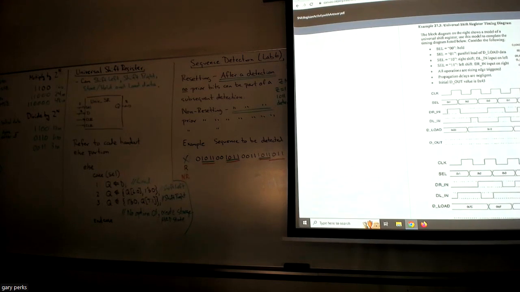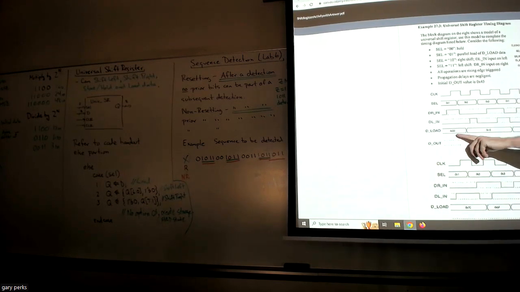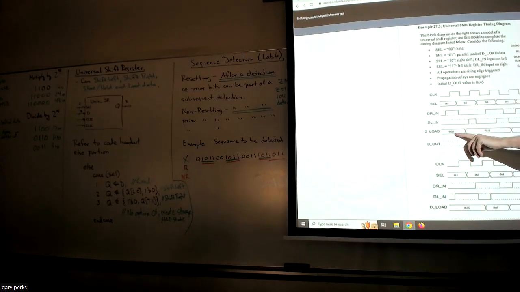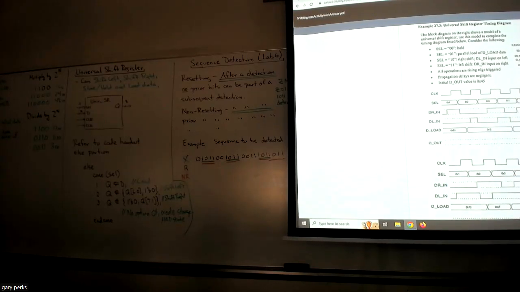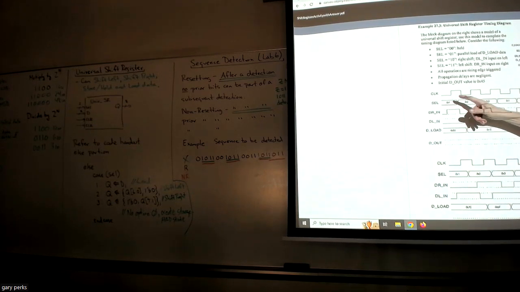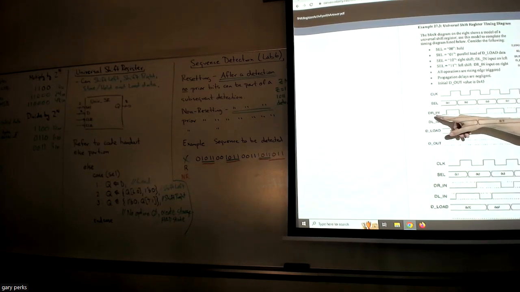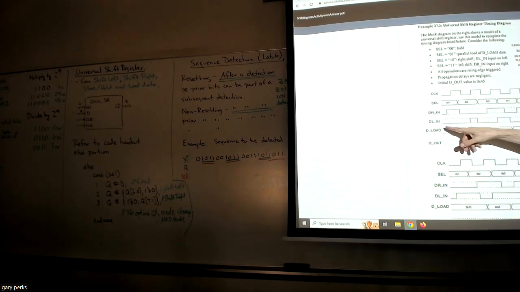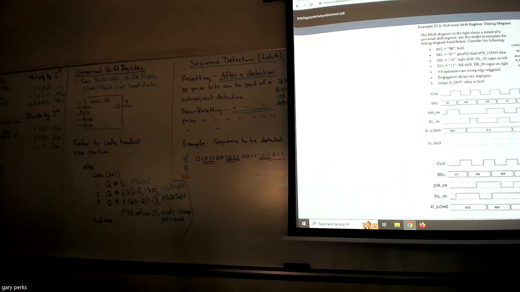If it's loading, it just takes the data on the D load and transfers it to your output. If you're shifting right, you have to look at DR in to see whether it's a 0 or a 1. If you're shifting left, you look at DL in to see if it's a 0 or 1.